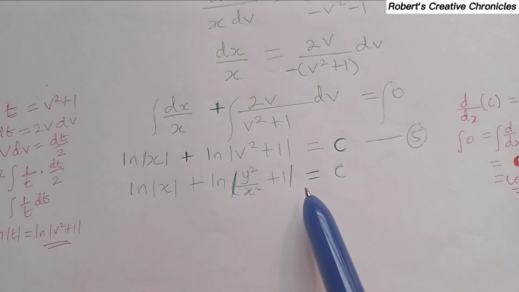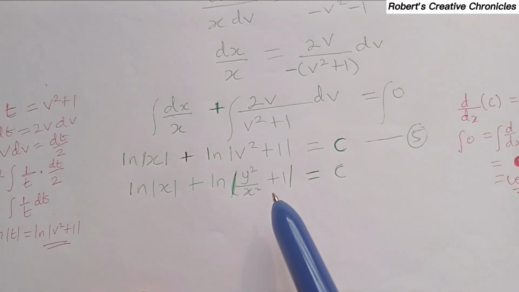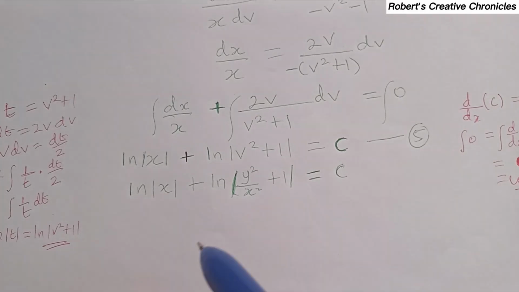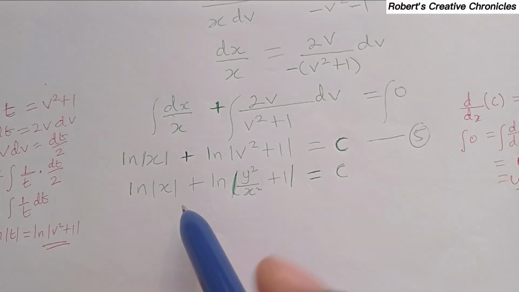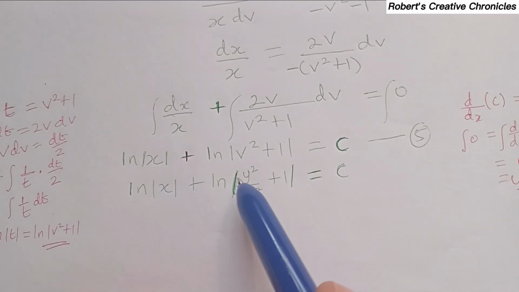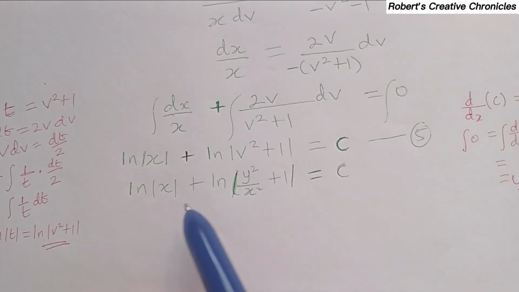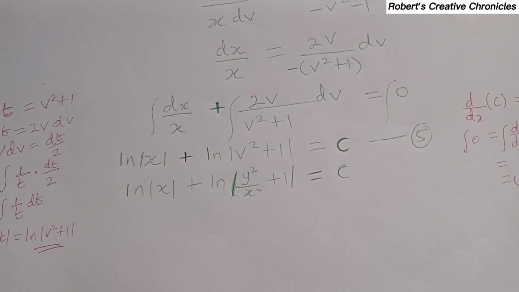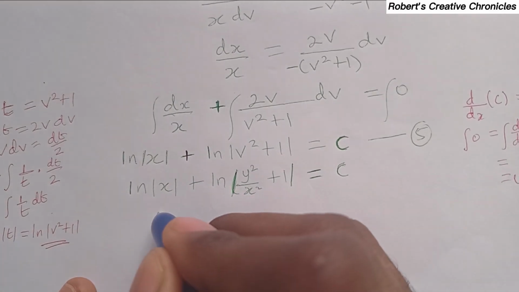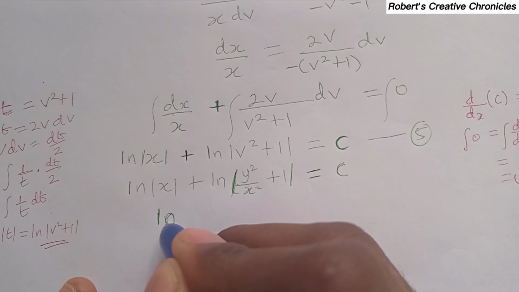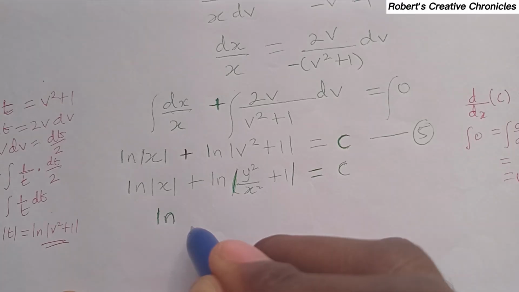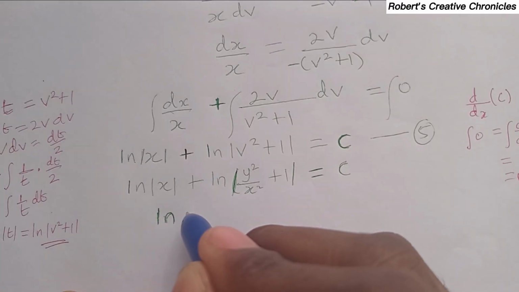So you can actually leave the answer like this, or you can further simplify it. Since this one is a natural logarithm and this one is also a natural logarithm, and it's plus, according to the laws of logarithms, we are going to take this product, since plus becomes times.